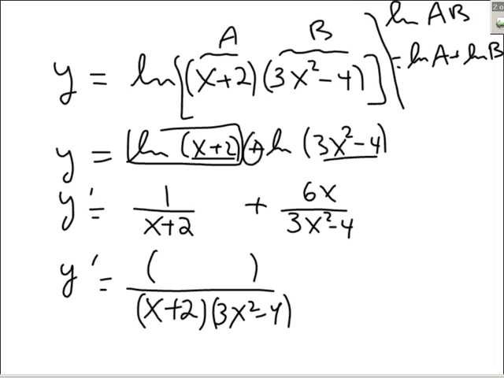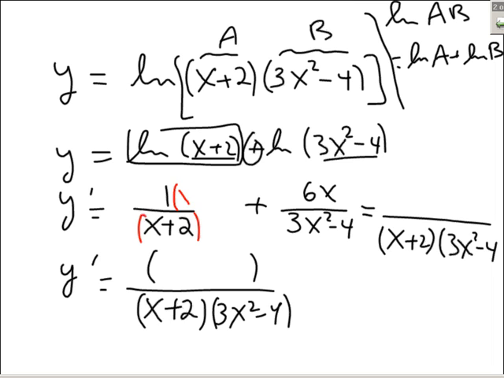If you want, you can get common denominators. It will be x plus 2 times 3x squared minus 4. The x plus 2, top and bottom, gets multiplied by 3x squared minus 4. And the next factor, top and bottom, gets multiplied by x plus 2.